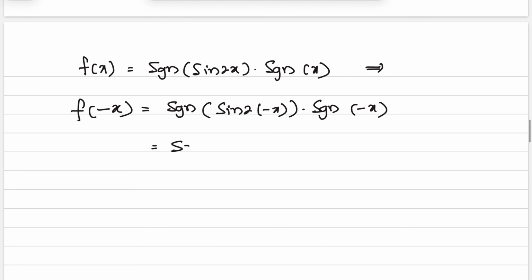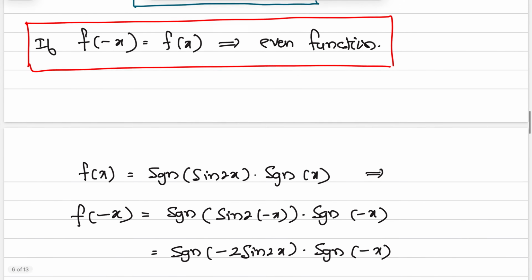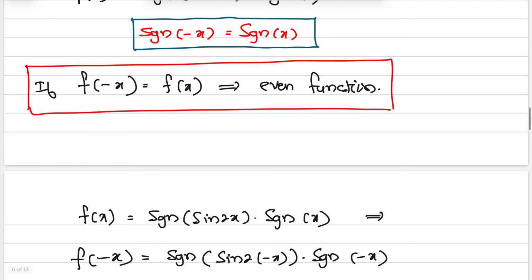This is equal to signum minus sin 2x into signum minus x. We know that from the property signum minus x is equal to signum x.